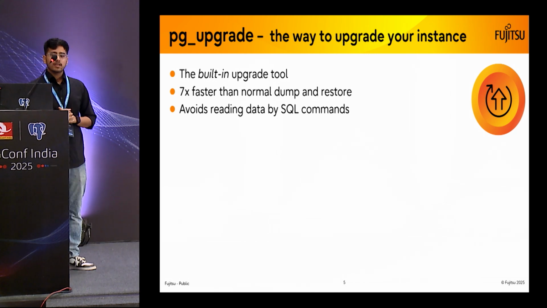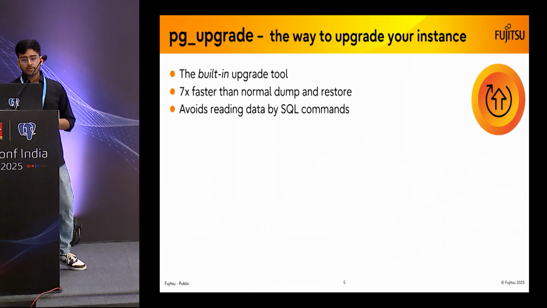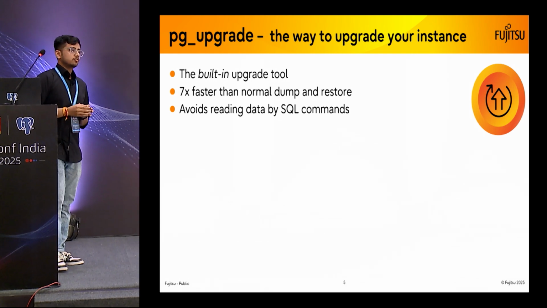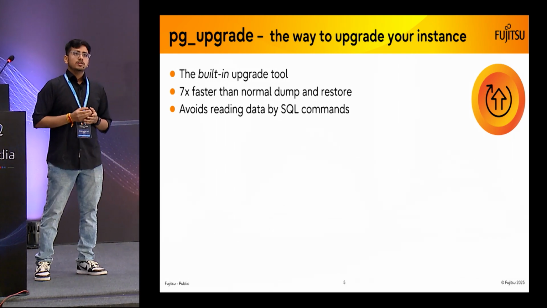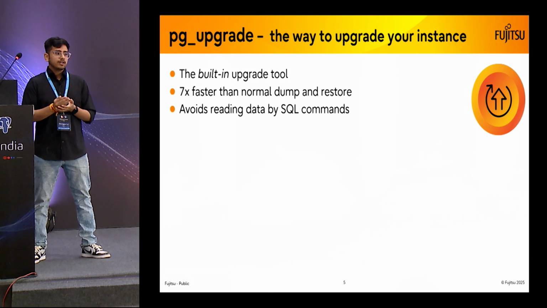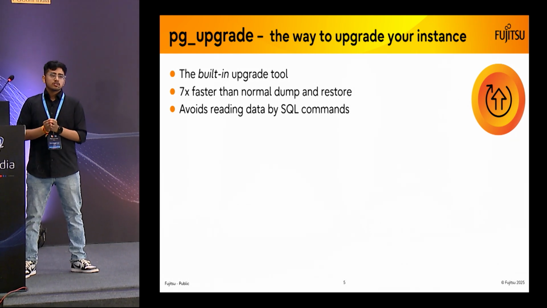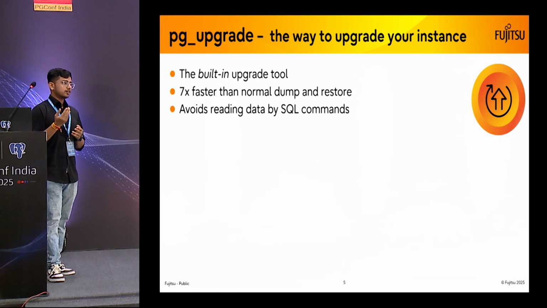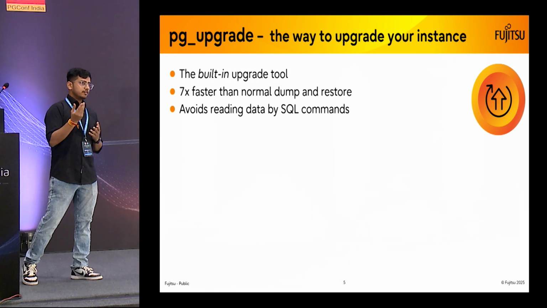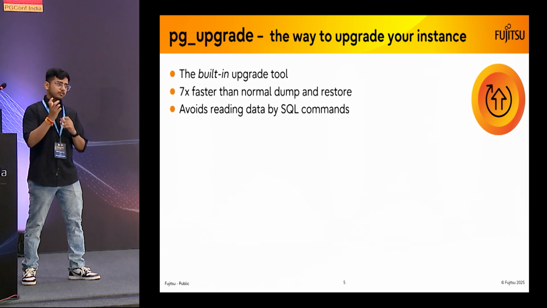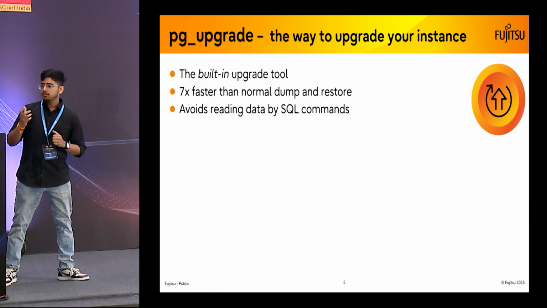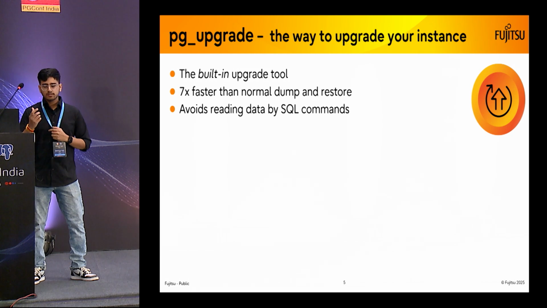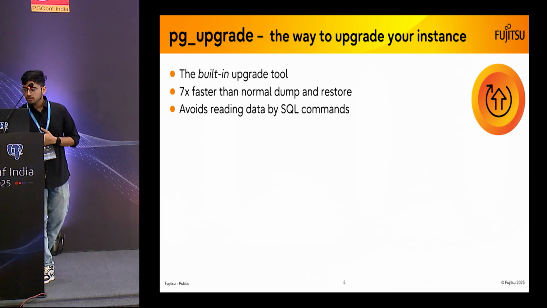Why is it 7 times faster than dump and restore? pg_dump dumps the data in the form of SQL commands. If we want to recover our data, we just need to run that script of SQL commands, and it will get restored.